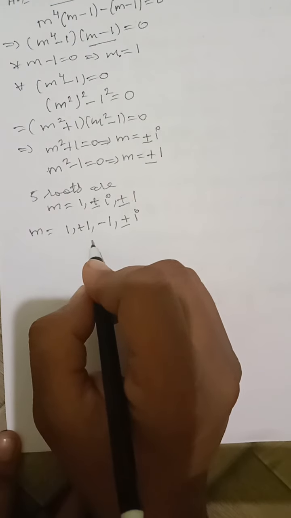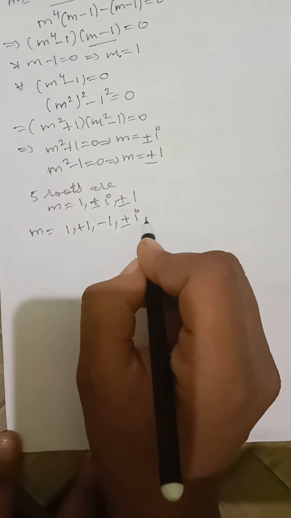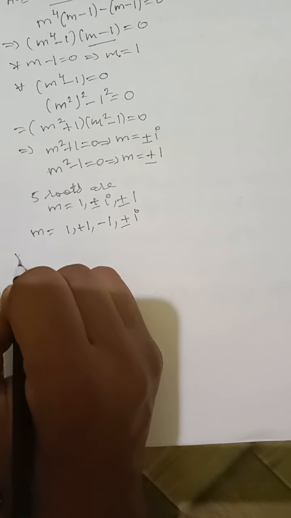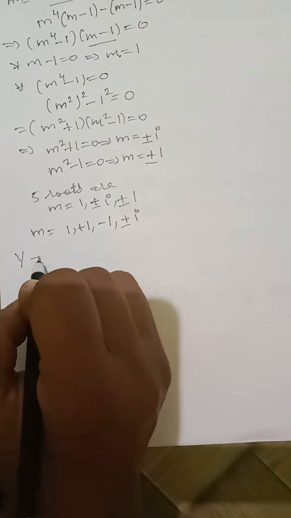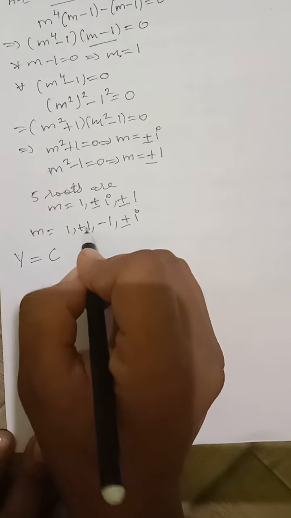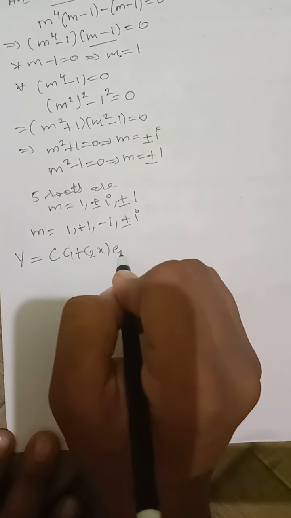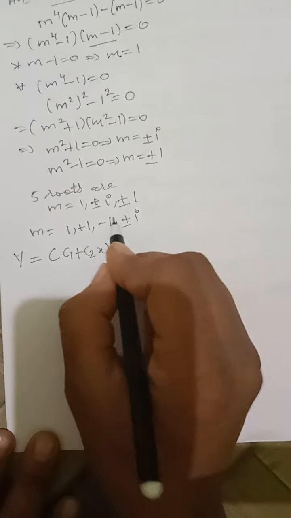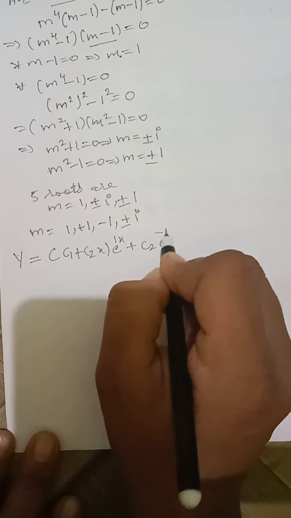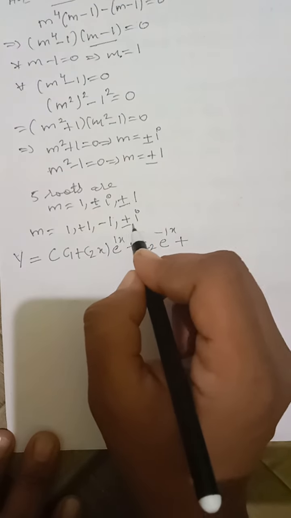So now 1 and 1 are repeated. For repeated roots, and for complex roots, we need to write the complementary function accordingly. The complete solution yc for this homogeneous equation is given, for the roots 1 and 1, as c1 plus c2 x into e raised to 1x. Then for minus 1 we write c3 into e raised to minus 1x.